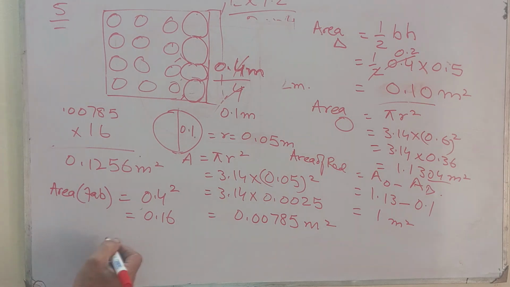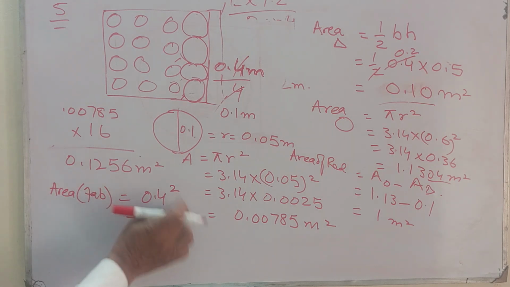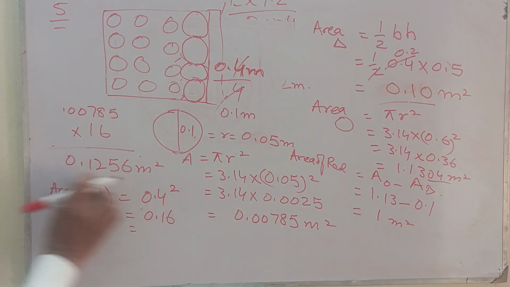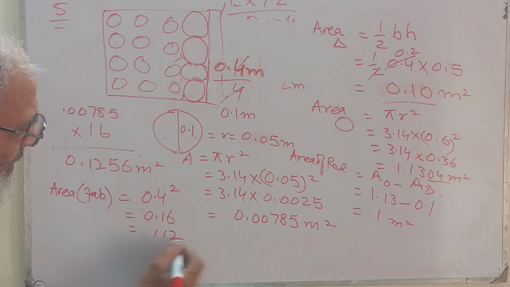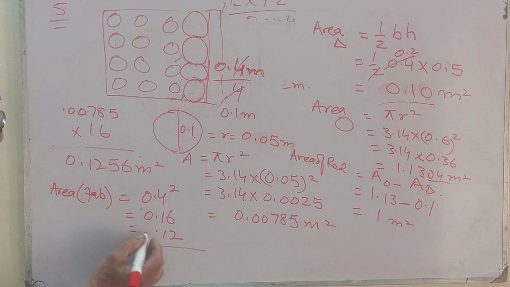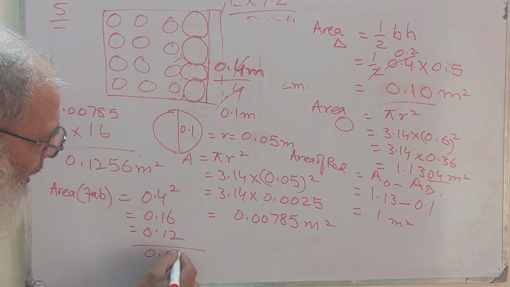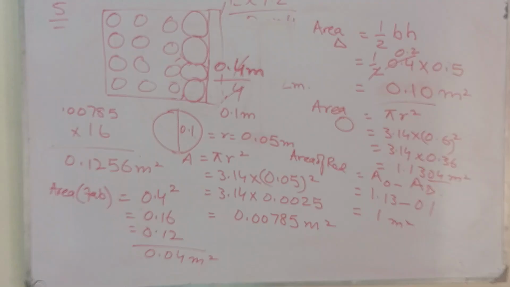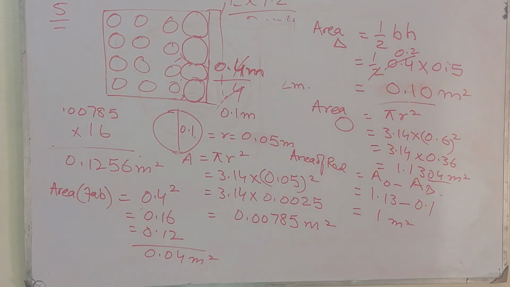So the leftover fabric will be, now this is the area of the whole fabric, and we have already cut these. Now we are left with only 0.04 meter square fabric.